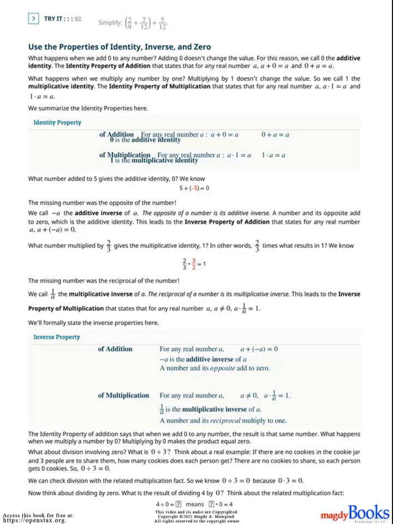We can check division with the related multiplication fact. So we know 0 divided by 3 equals 0 because 0 dot 3 equals 0. Now think about dividing by 0. What is the result of dividing 4 by 0? Think about the related multiplication fact. 4 divided by 0 equals question mark means question mark dot 0 equals 4.